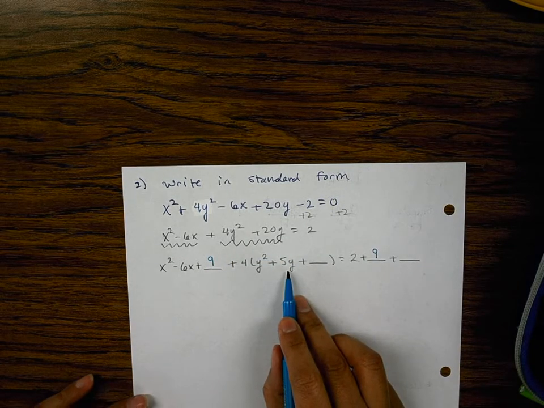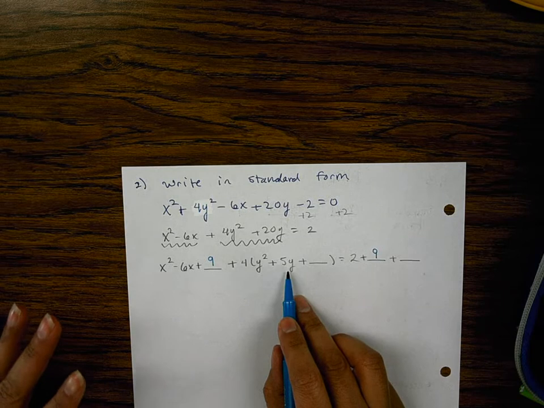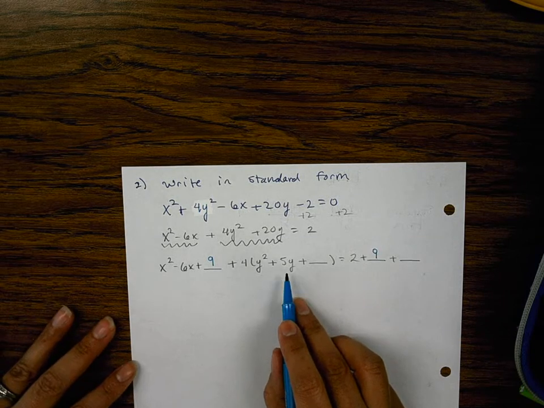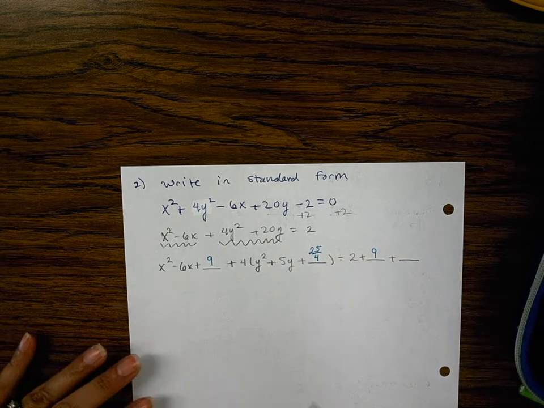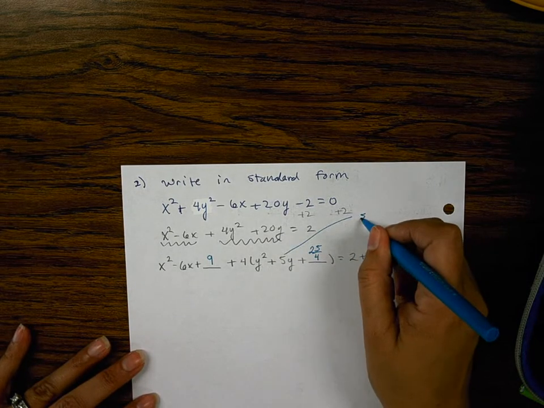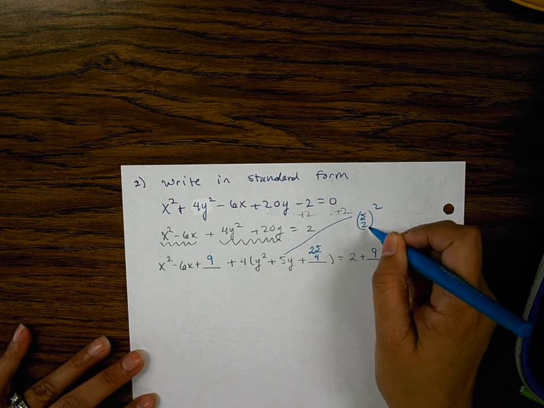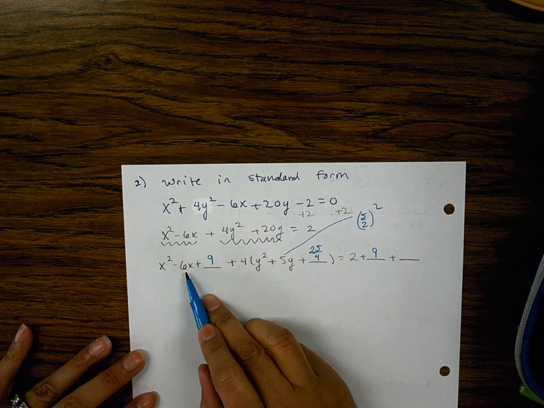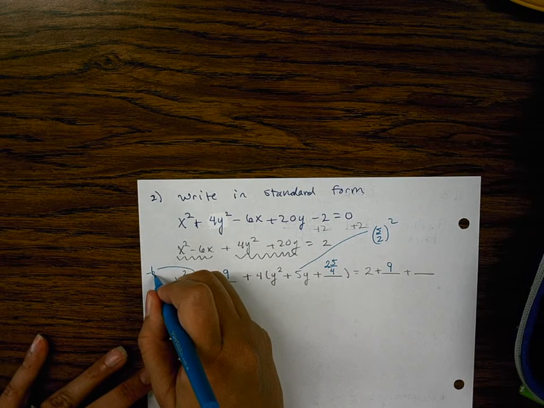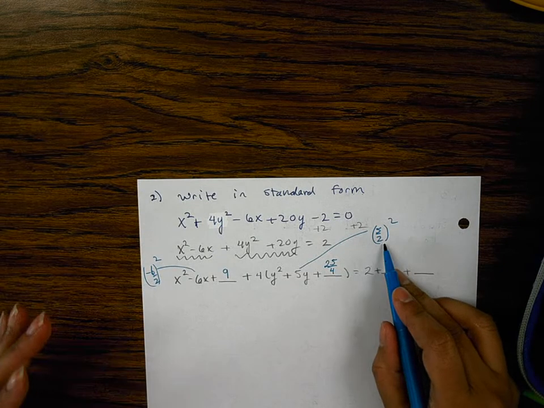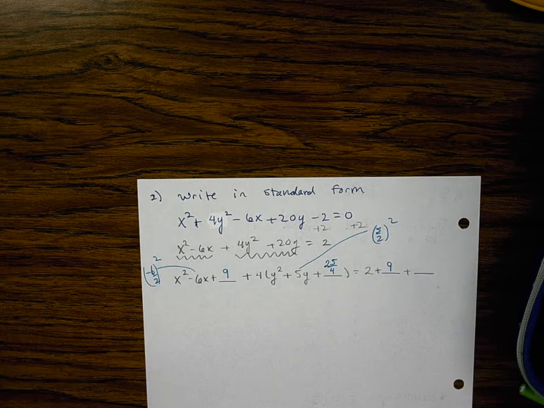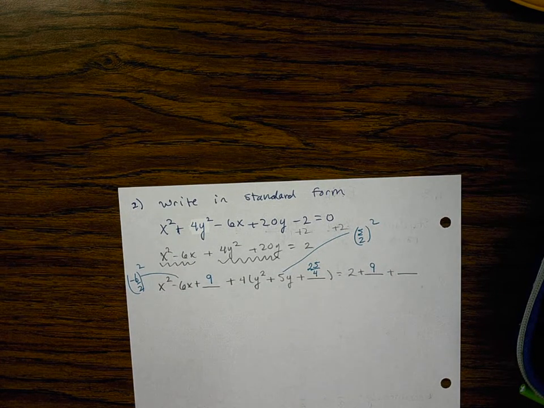Alrighty, so we're going to take 6, cut in half, and square it. That gives me 9. And what I add to one side, I must add to the other. Take 5, cut in half, and square it. It's a fraction, do not change it to a decimal. 5 over 2 squared is 25 over 4. I'm hoping everyone can see that. 5 over 2, 5 cut in half, that's what we did here.